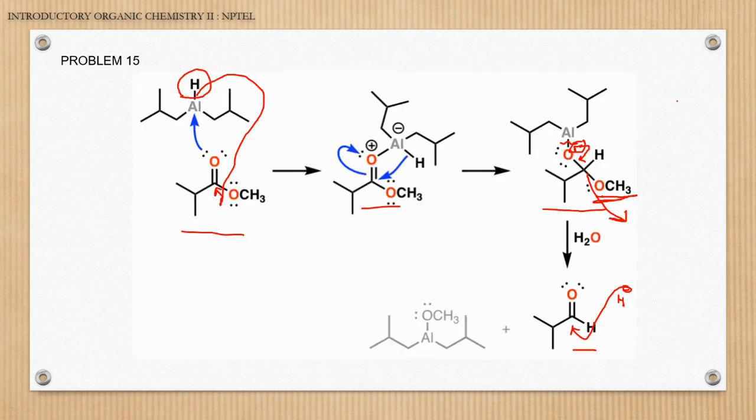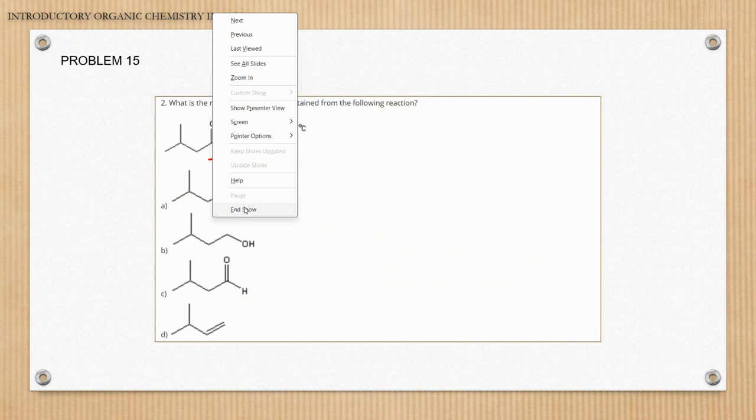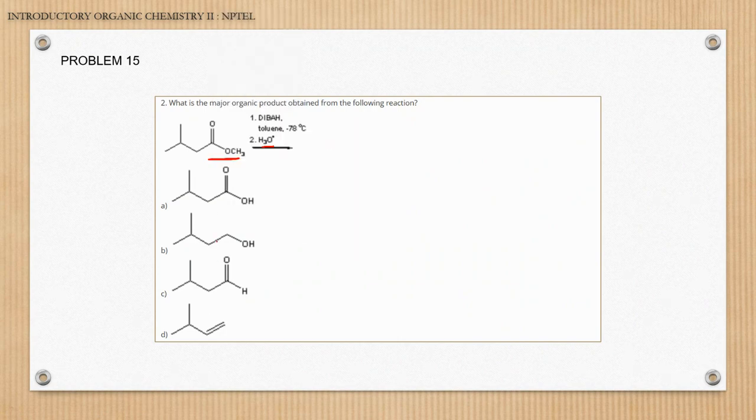If the hydride is adding, then after coming down, OCH3 methoxy is a good leaving group, right? That is why it is going to leave, and then the aldehyde is generated. So here also you will generate an aldehyde at this position. Ester is going to aldehyde. This other part is not going to be touched, but this ester is reduced to aldehyde. So option number C will be the correct option.